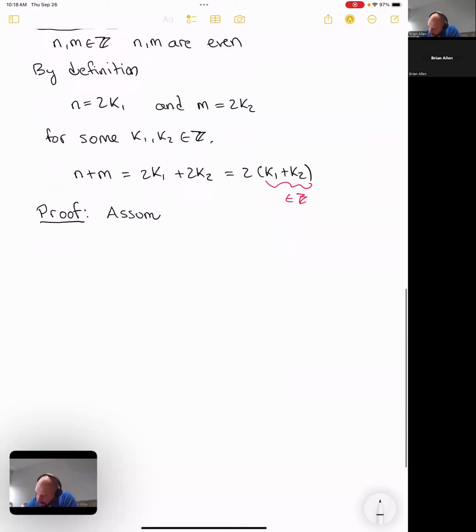So assume that n and m are integers that are even. So particularly n and m are even integers.